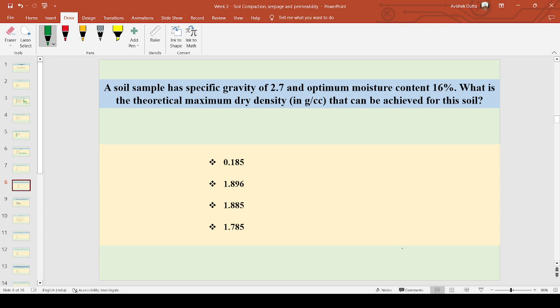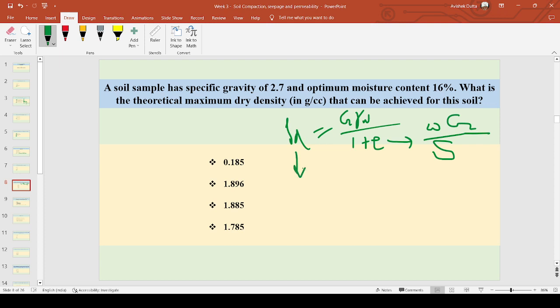Okay. So we know the formula of dry density is rho d equals G rho w divided by 1 plus e, where e equals moisture content w G by S. Now, to achieve the maximum dry density, the soil should be compacted such that there is no air void present.